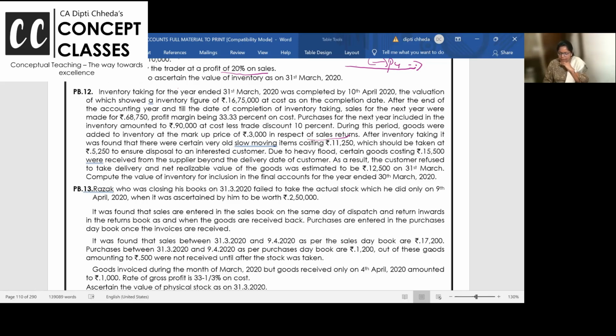Compute the value of the inventory. So now, generally from 1st to 31st, to 15th March, you are adjusting the purchase and sale. But here in the 31st stock also some values are reducing. So cost or NRV, whichever is lower, AS 2, valuation of inventory.